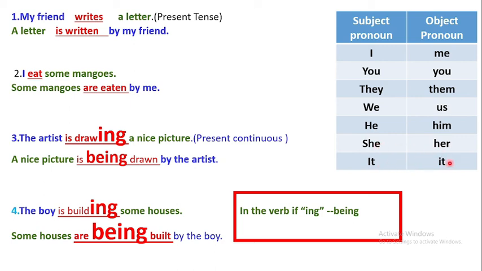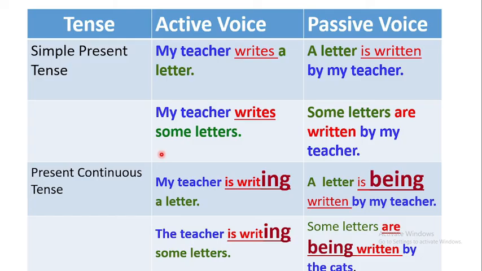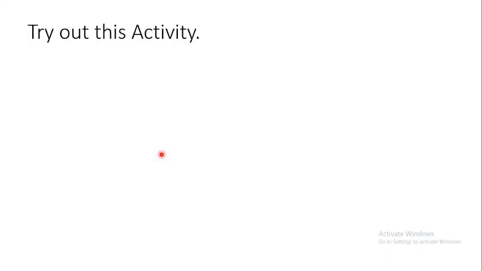It, it. If the verb has ing, you have to use being. That's it here. ing, being. This is also in one shot. You can check whether you understood or not. I'm sure that you have learned in a much easier way.